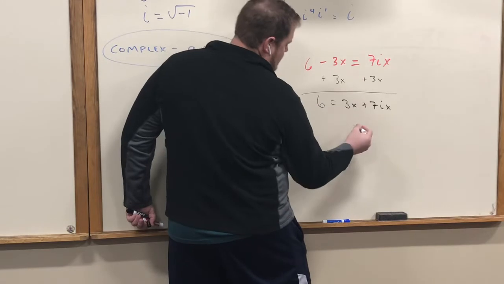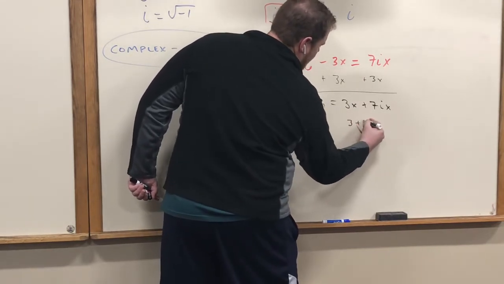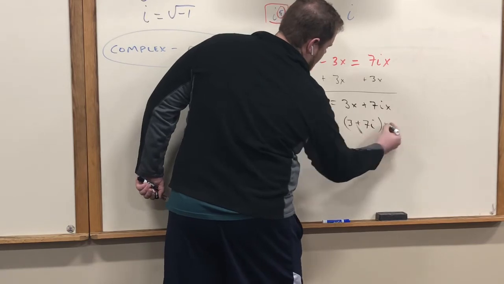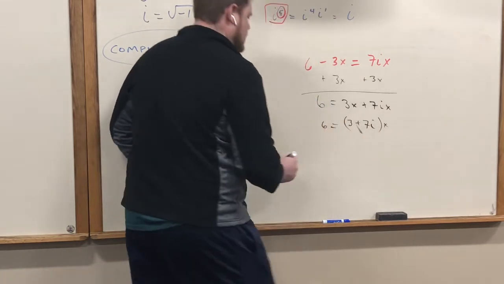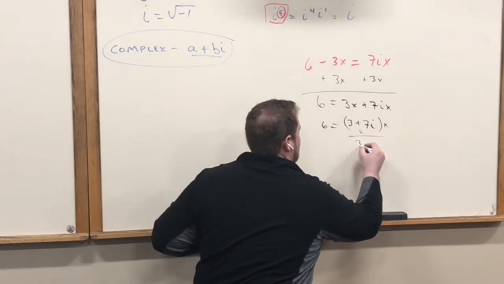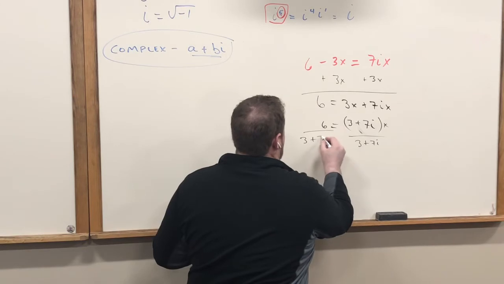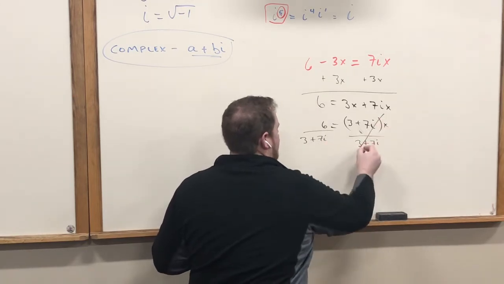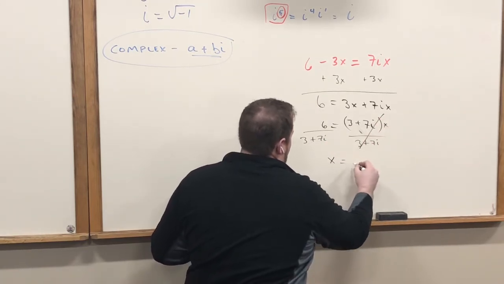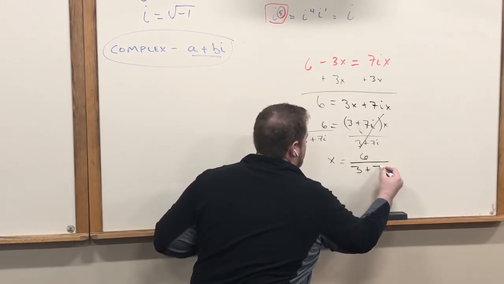Then we're going to distribute out your x, so you're left with 3 plus 7i times x equals 6. Now, we divide both sides by 3 plus 7i so that we can get x by itself. x equals 6 over 3 plus 7i.